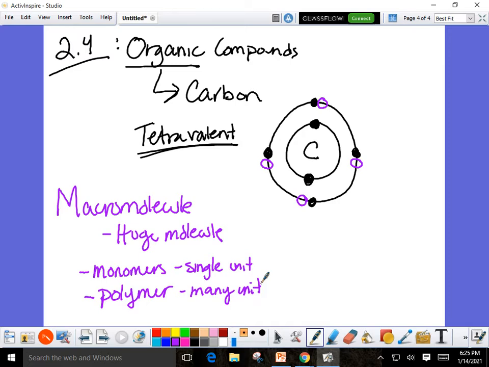Let's talk about how we make polymers. In my classroom, my walls are made of concrete brick, and each individual brick is a monomer. When somebody built them and put the grout in the middle, that's making a polymer, which is my wall.